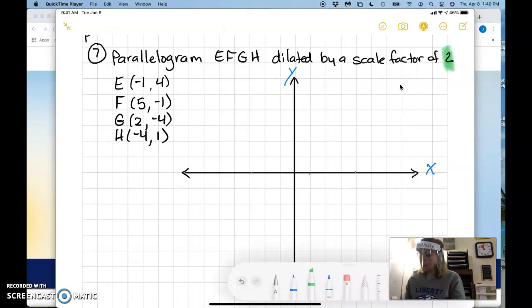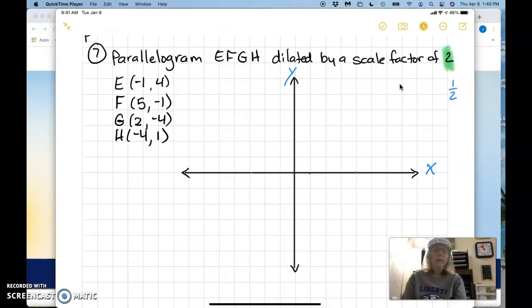If you have to reduce it, they're going to give you a fraction, and they're going to say a scale factor of 1/2. That would be reduced. This would be enlarged. So first I'm going to plot my points.